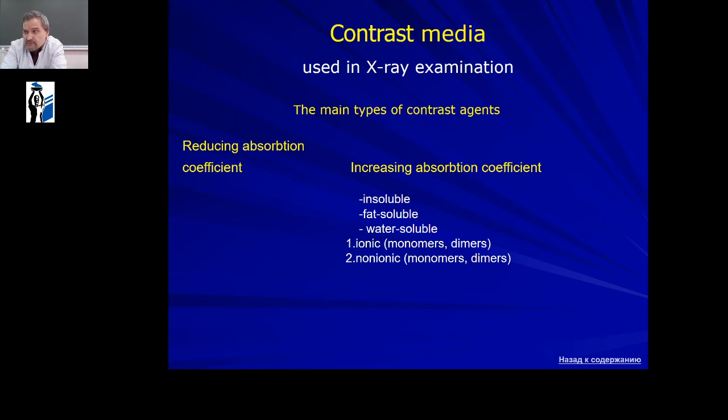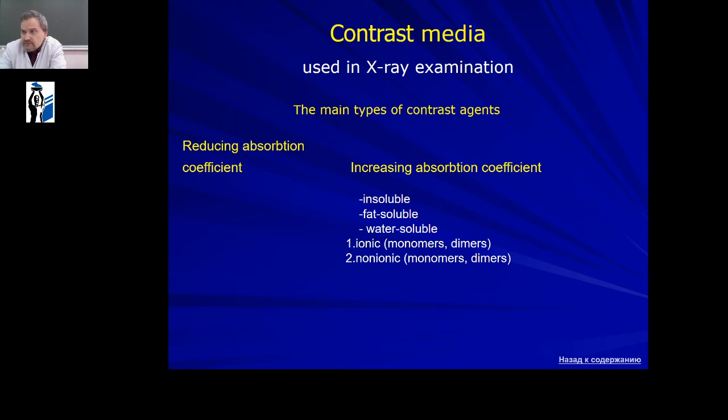Classification of X-ray contrast substances. They are divided into X-ray positive and X-ray negative contrast substances. X-ray negative are gases, air or xenon. X-ray positive are divided into two groups.